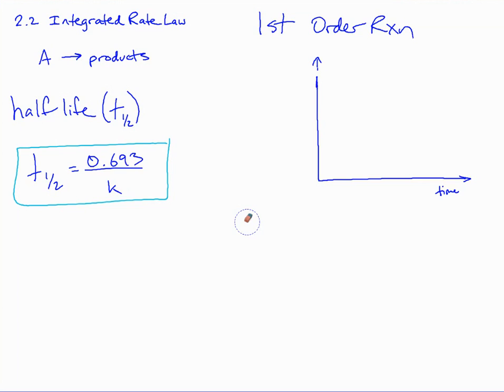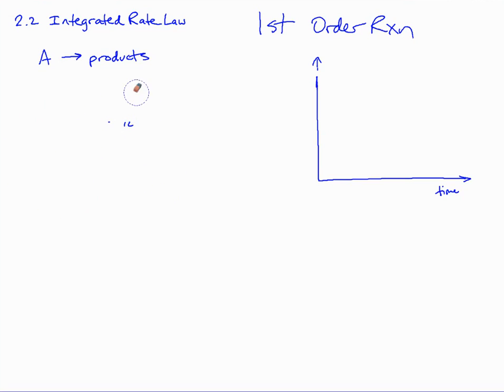All right, so now we are on to the next page. And we're going to look at a second order reaction. So, looking at a second order reaction, we have two graphs again.